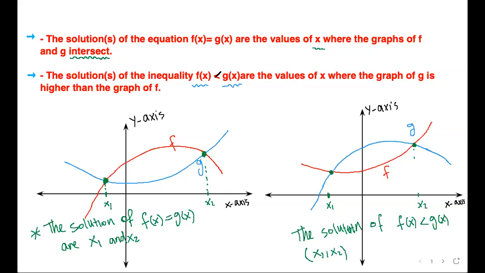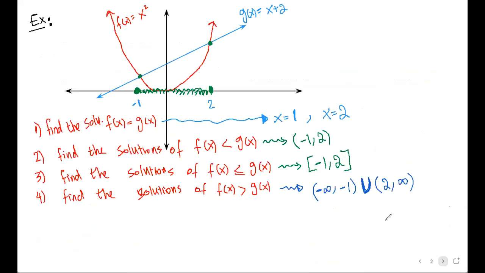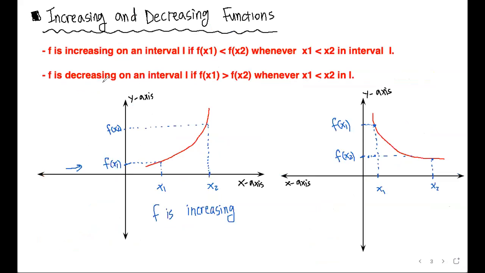For the equation, we're looking for the intersect only. In the second part of this section, we find the increasing and decreasing intervals by looking at the graph. Now, the last part of this section, we have to look for the maximum and minimum value by looking at the graph too.